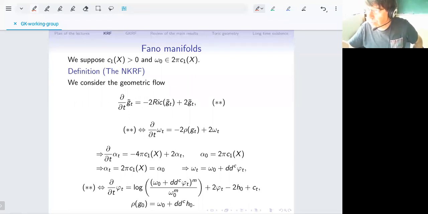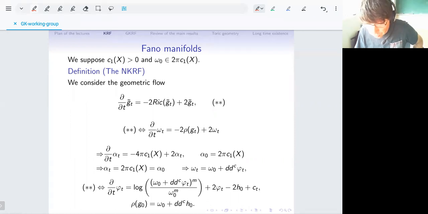I may not have a global section of the canonical bundle to play as before, but I can take a local section and re-express this well-defined quantity as a difference of two Ricci forms, the Ricci form of omega t and the Ricci form of the initial metric. To compensate, I have this factor h0, which is what's called the Ricci potential.